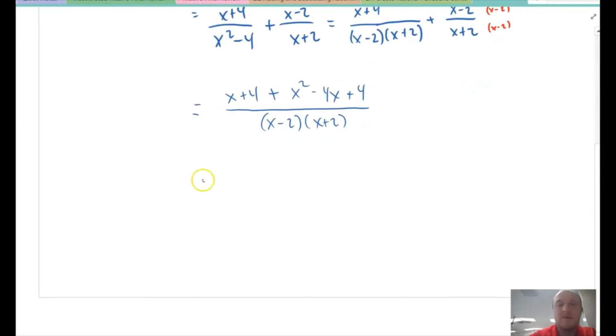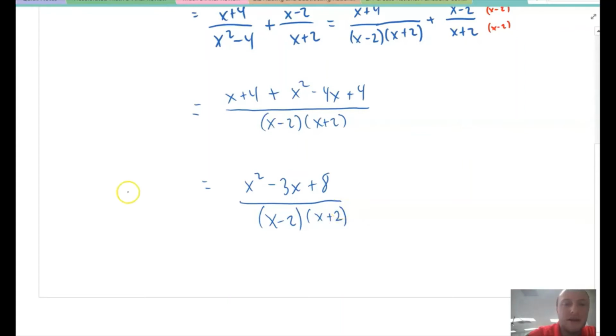And then here is our final answer: x squared minus 3x plus 8 over x minus 2 times x plus 2. Again, this is f plus g of x. There's your function.